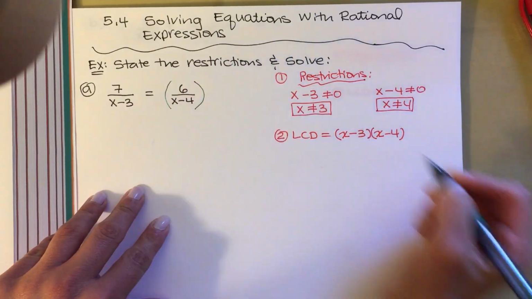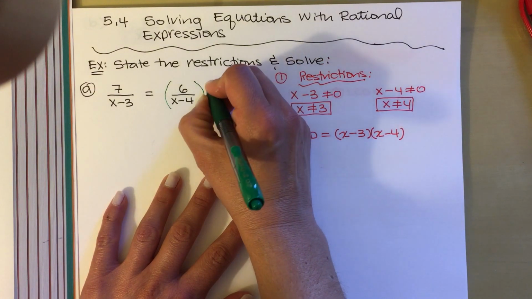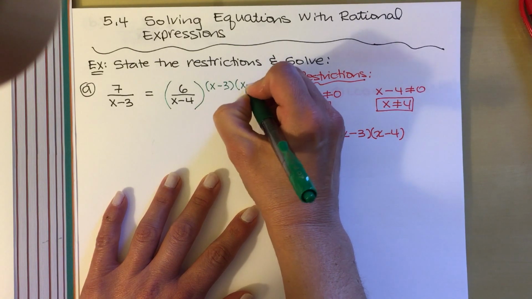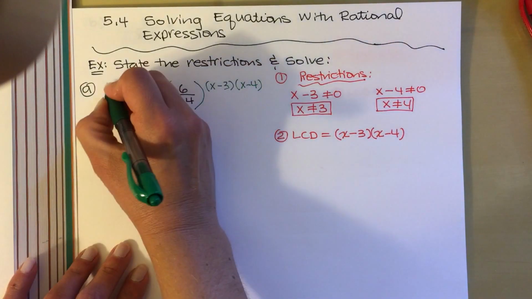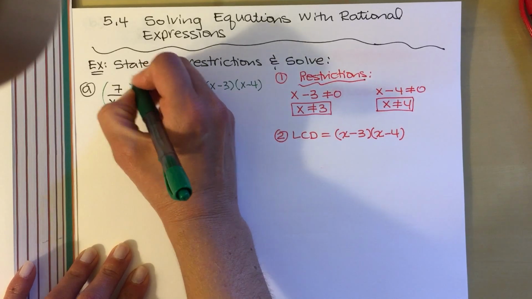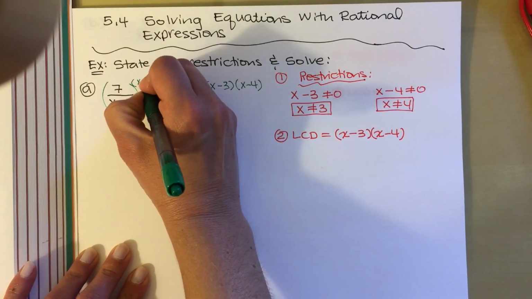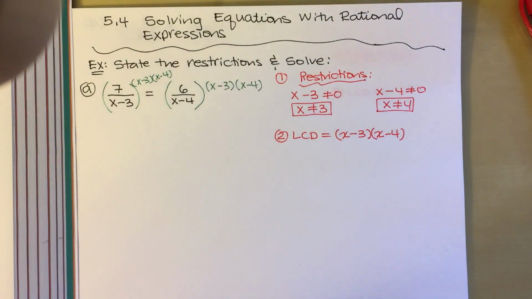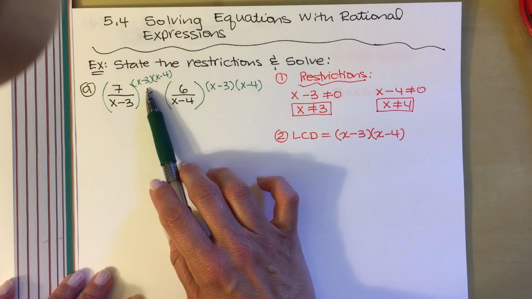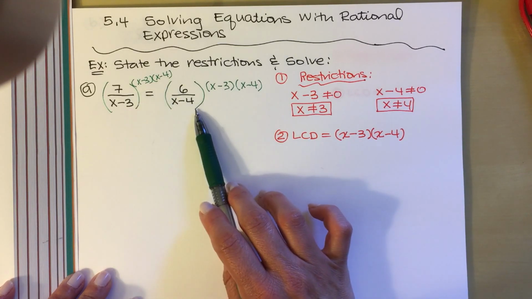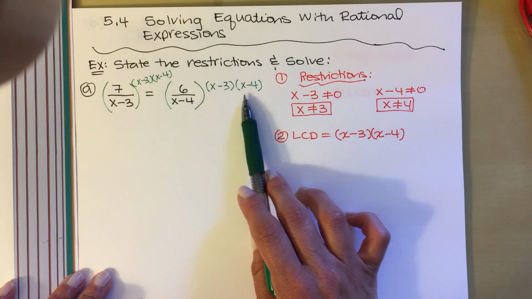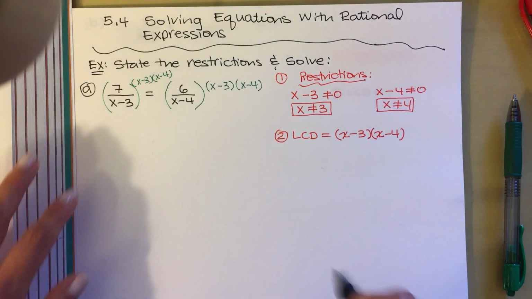Make sure you understand that you have to multiply by the same quantity on both sides of the equation. Has to be the same exact. And so when you multiply, we're multiplying the LCD to the numerator for both of the fractions. Notice that you could reduce x minus 3, and for the second part, we can reduce x minus 4. And so this is what we have left.